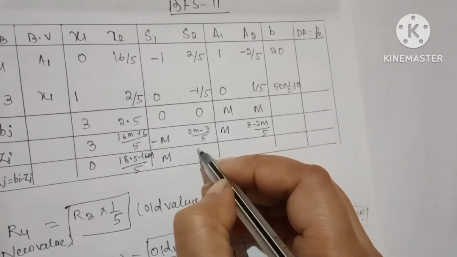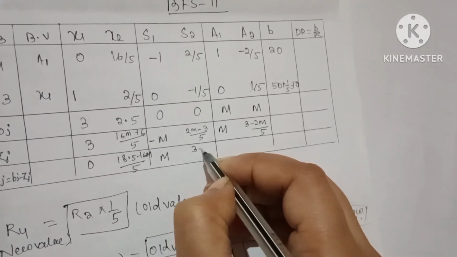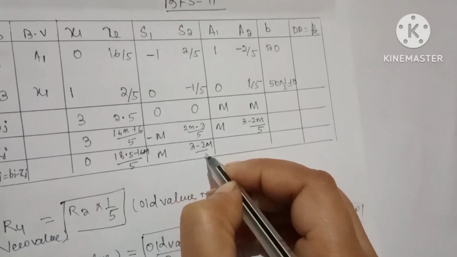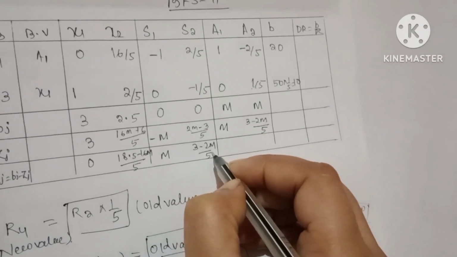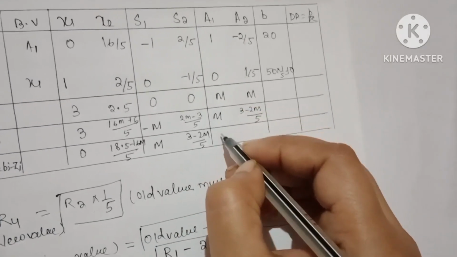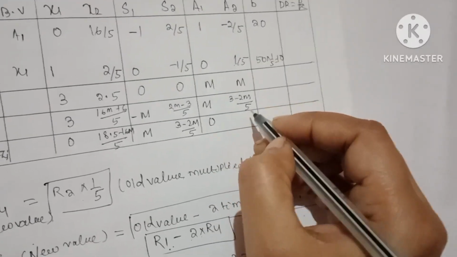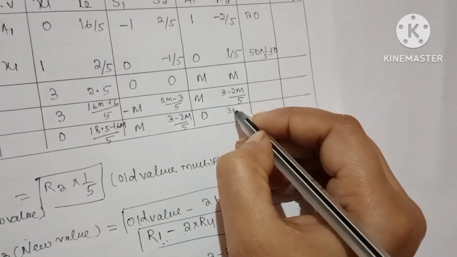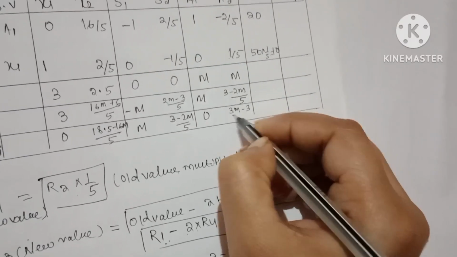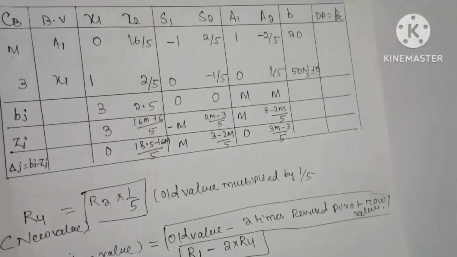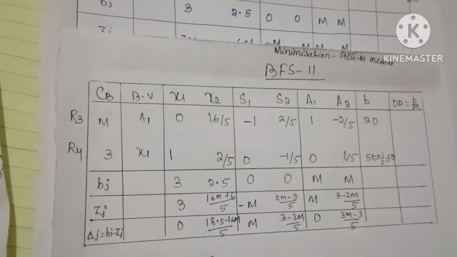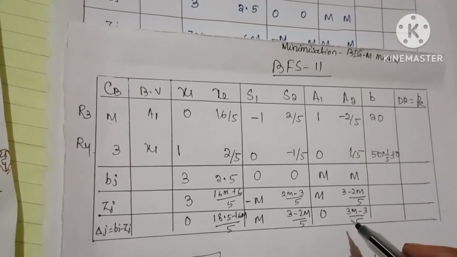After simplification, we will get the value here 3 minus 2m by 5. Here m minus m equals 0. Here m minus 3 minus 2m by 5, which becomes, after simplification, 3m minus 3 by 5. Clear? So this is how we will calculate the values of the indicator row.